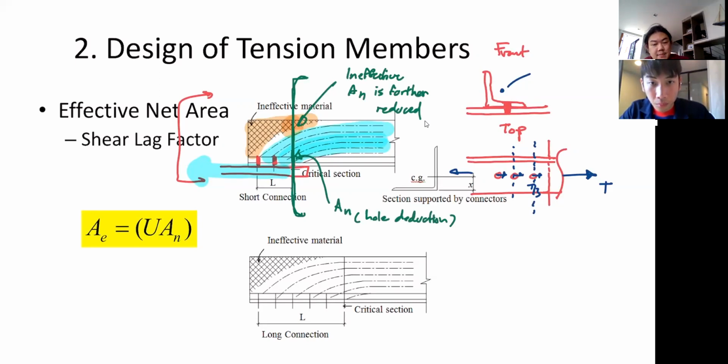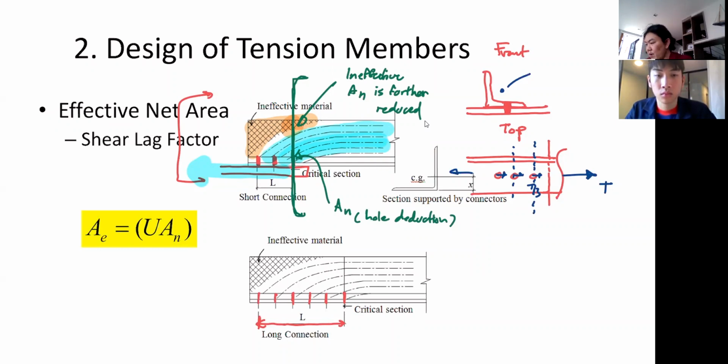All right. So let's take a look at this. Compare the second picture, the picture down here, with the one up front. You see that for this member, the length of the connection that we have is longer than the top one. You can see it probably has 1, 2, 3, 4, 5, 6 bolts.